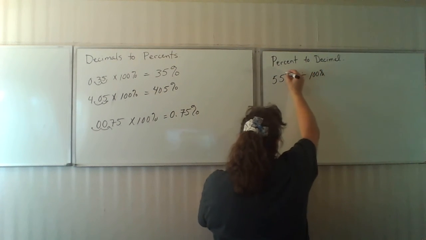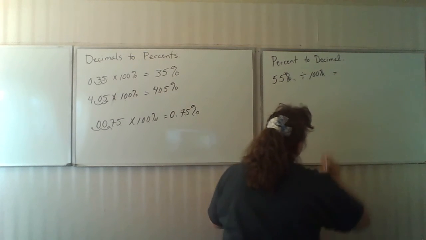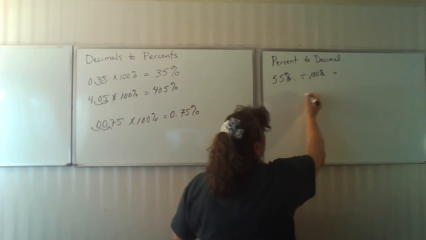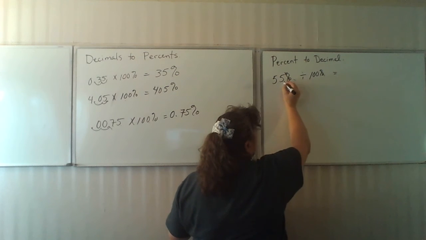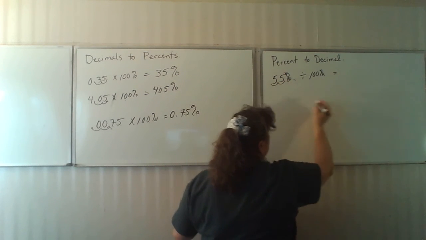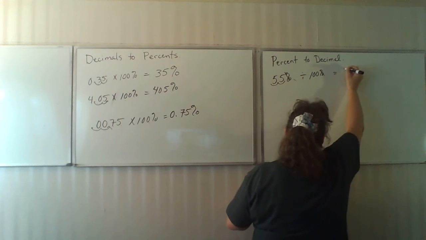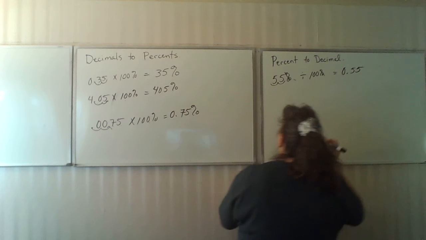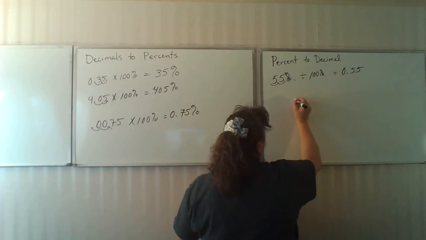The percent is going to cancel the percent, so you will not have a percent sign anymore. And 55 divided by 100 moves my decimal 2 places to the left. So this becomes 0.55.